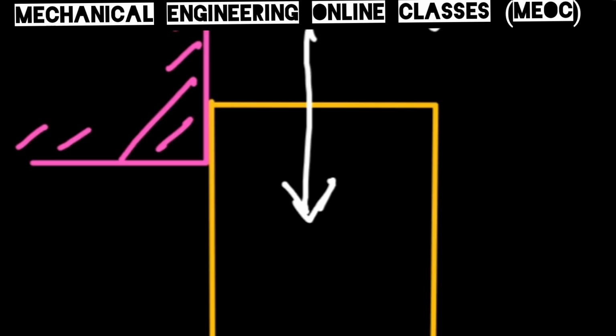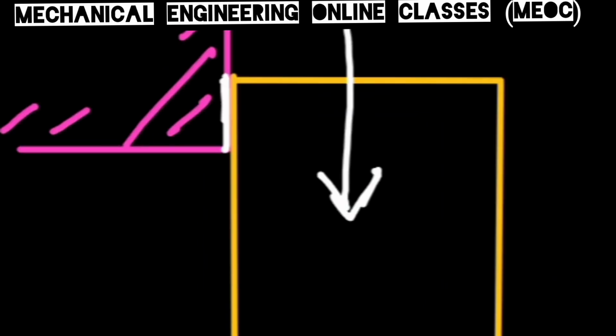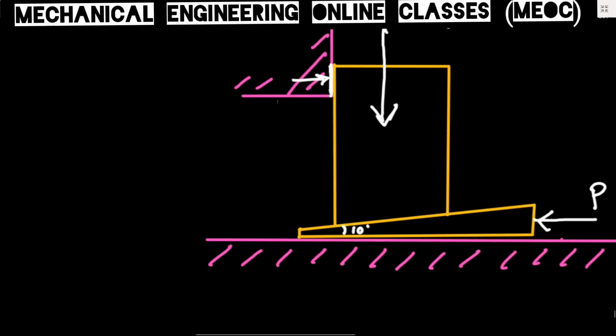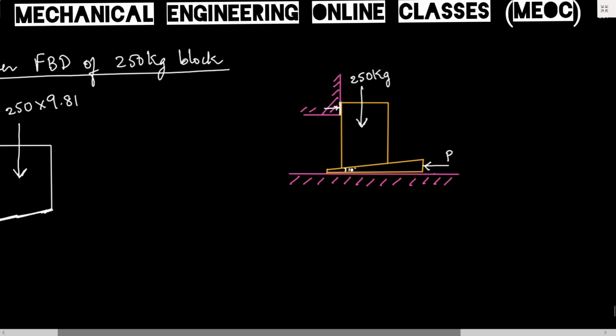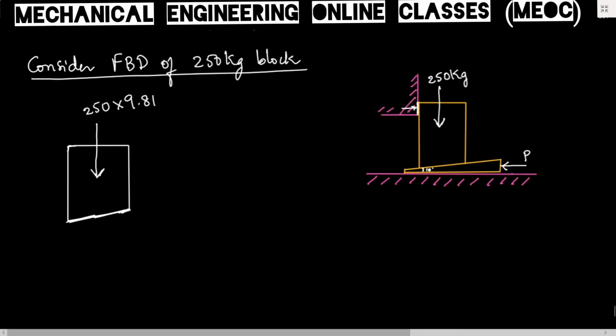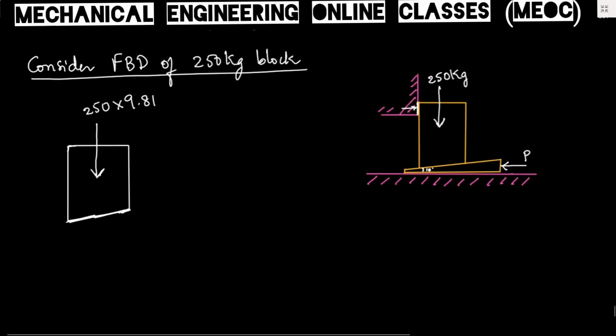But this particular surface is in touch with the block, so it will give a normal reaction. We are replacing that wall with a normal reaction, which we can show as, say, N1, perpendicular to the vertical face of the block.